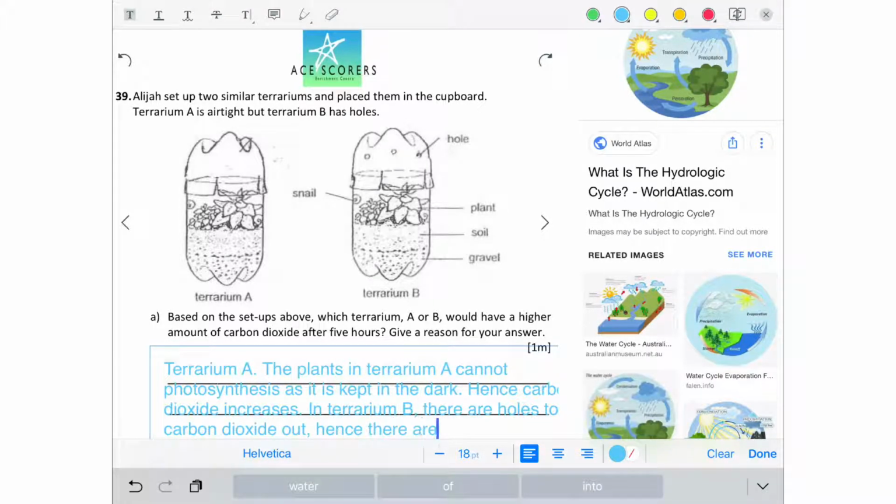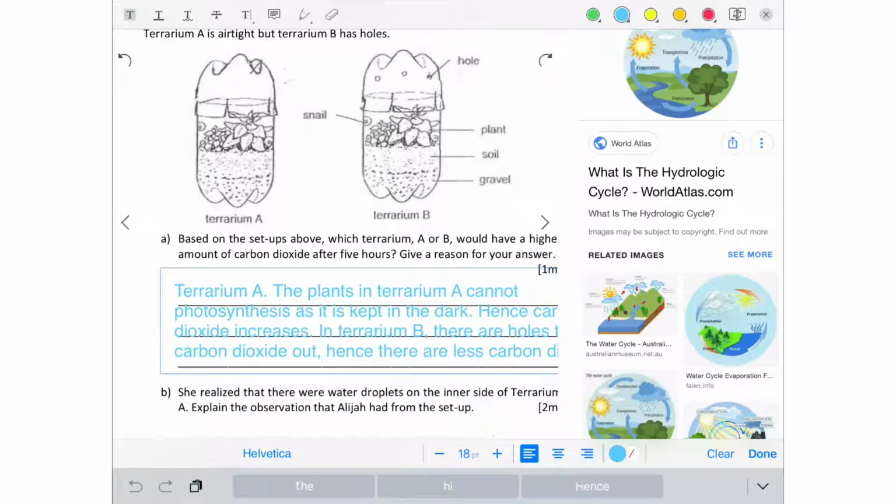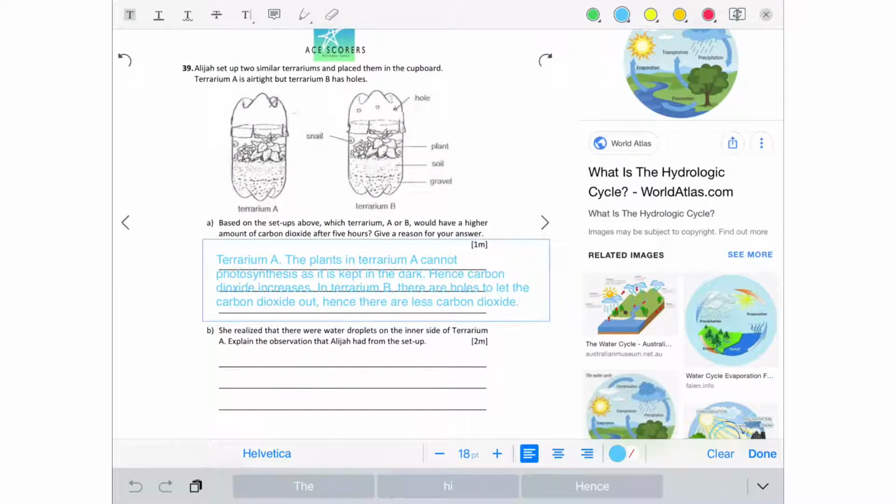Hence, there is less carbon dioxide, because the carbon dioxide came out. I know it's a bit lengthy, because you have to explain why there's more here than here. Both cannot photosynthesize, but how come the other one has more? Okay, so should we realize that there were water droplets on the inner side of terrarium A?